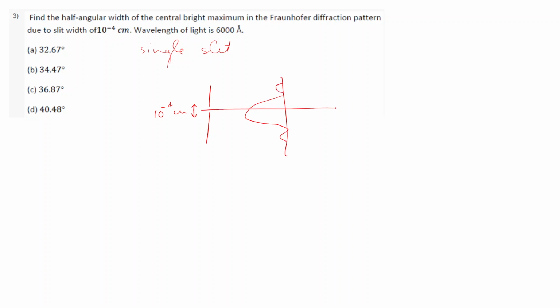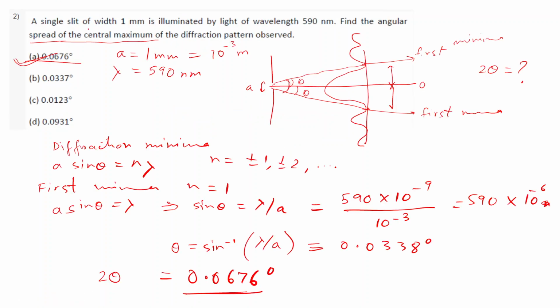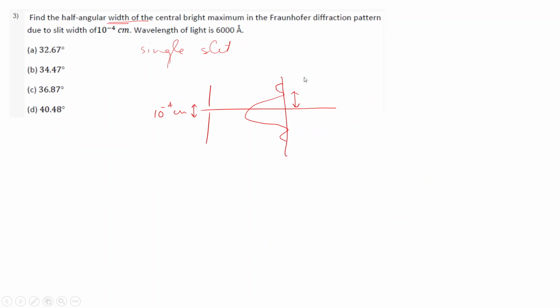We have to find the half angular width. In the previous question we found out the full angular width. Here we need to find out only this part. The wavelength we have is 6000 angstrom.